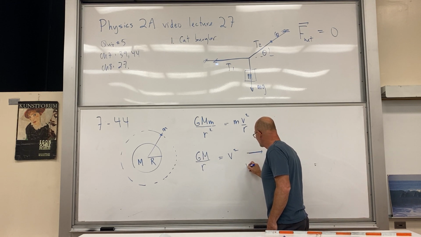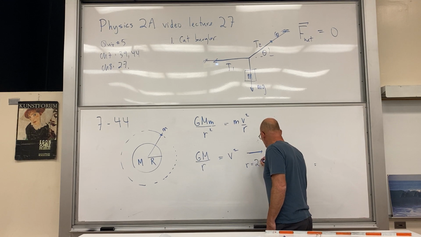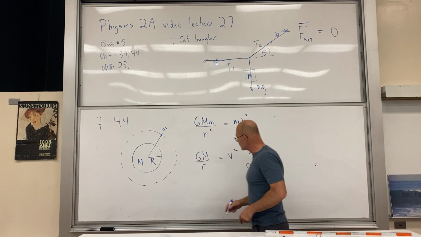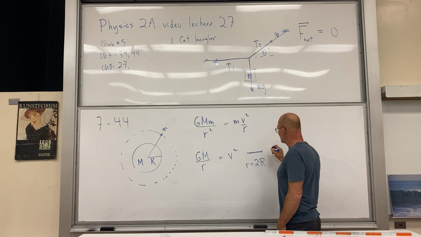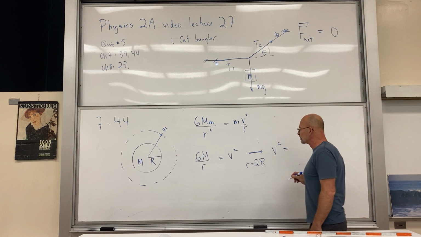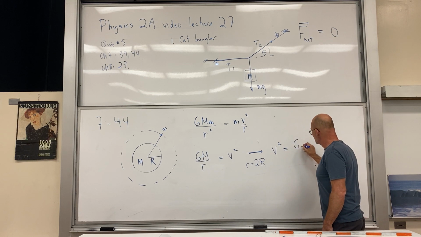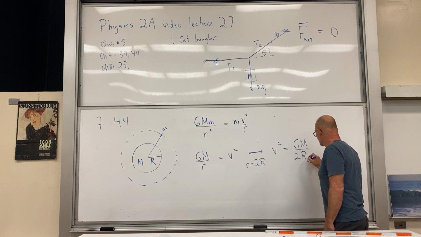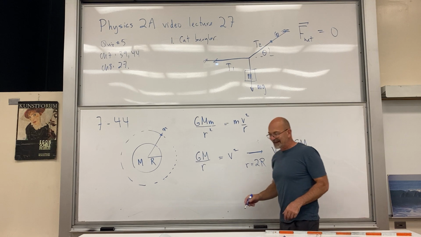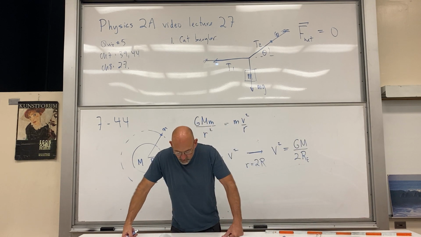Now in this case, R is equal to 2 Earth radii, because we're a full Earth radius above the surface of Earth. And so then we can say that V squared is equal to GM over 2 Earth radii, and take the square root if you want to get the speed. So what else were they asking us for?